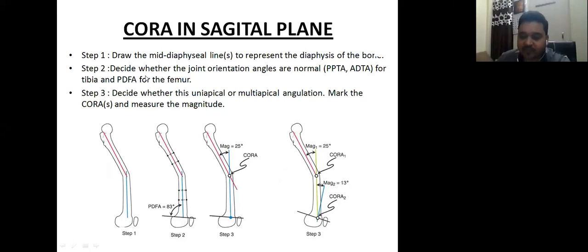As we have seen in the coronal plane, similarly in the sagittal plane we decide whether the joint orientation angles are normal for the tibia and femur, and accordingly plan our correction. We can then know whether there is a sagittal plane deformity and where it is present. Similarly, we have to mark the CORA and get the magnitude.